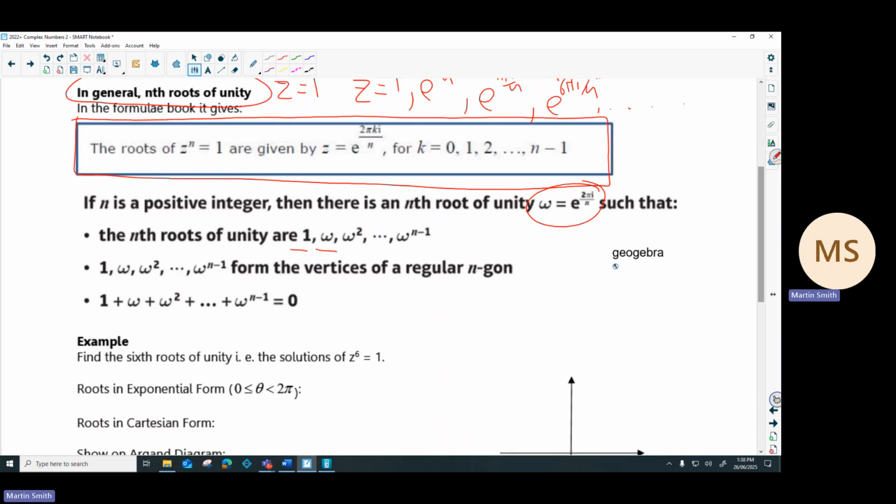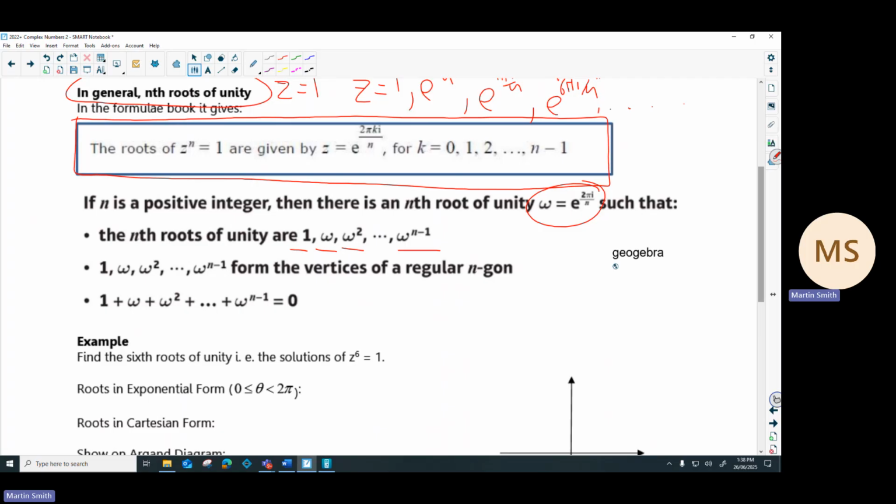Then omega squared, all the way up to omega to the power of n minus 1. And that gives you n different roots in total in terms of omega. Each of these points are the vertices of a regular n-sided polygon, an n-gon, and the sum of these will always equal 0.